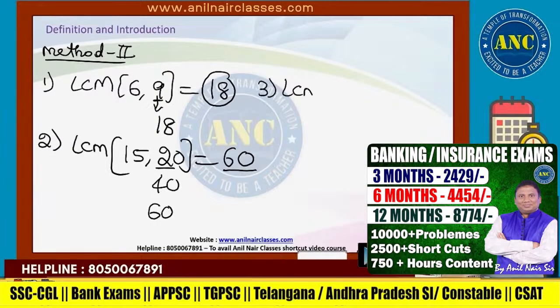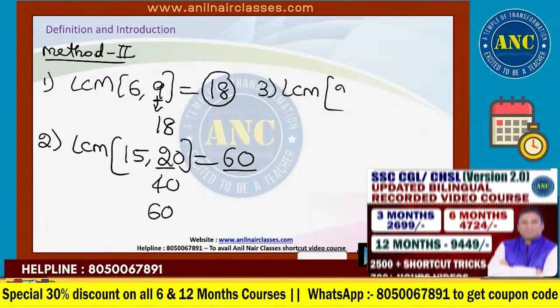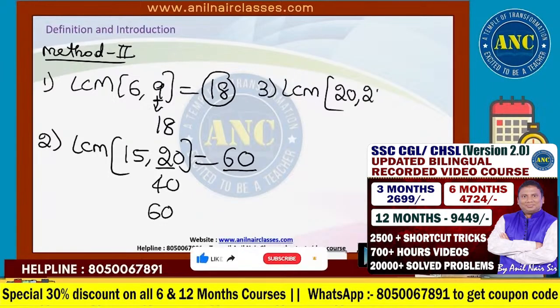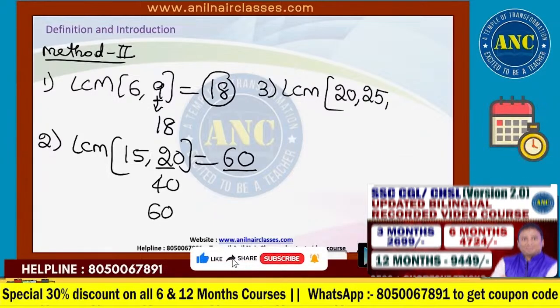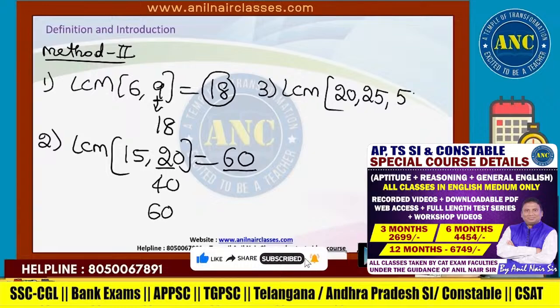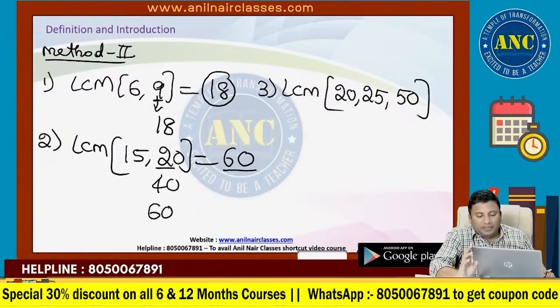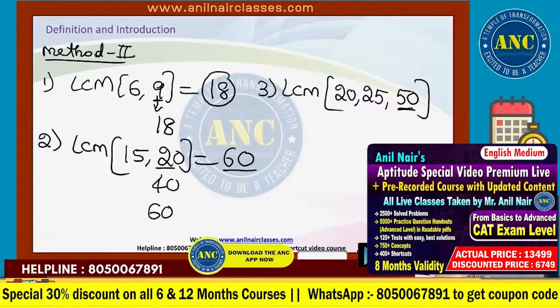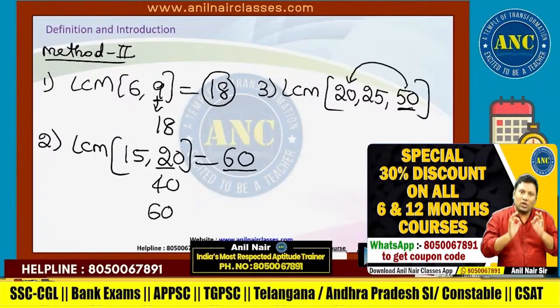Third example, LCM of 20, 25 and 50. The largest number should be a multiple of every other number. 50 cannot be divided by 20.